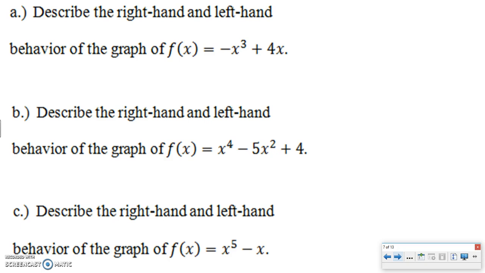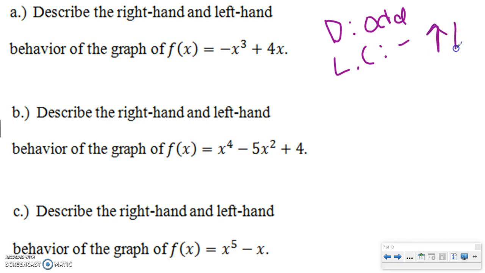So for the first one, for A, we have a degree that is odd and a leading coefficient that is negative. So that being said, it will rise to the left and fall to the right. For B, your degree is even and your leading coefficient is positive.